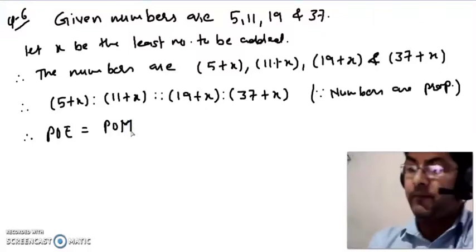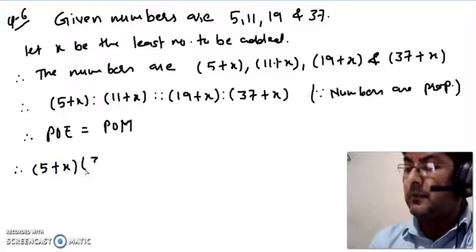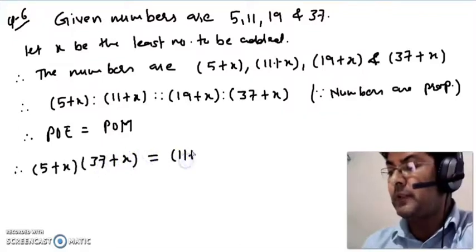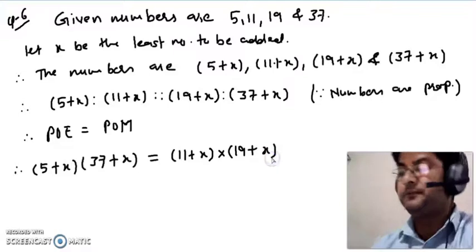So what are the extremes? 5 plus x multiplied by 37 plus x is equal to 11 plus x multiplied by 19 plus x.